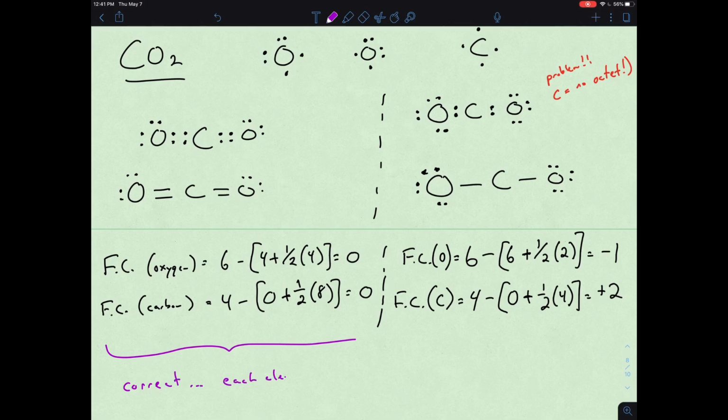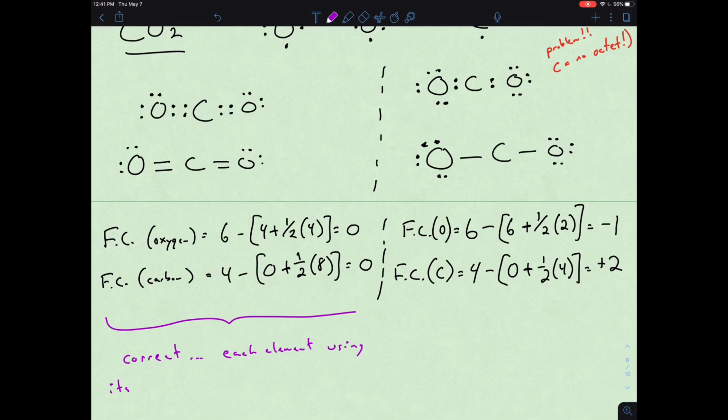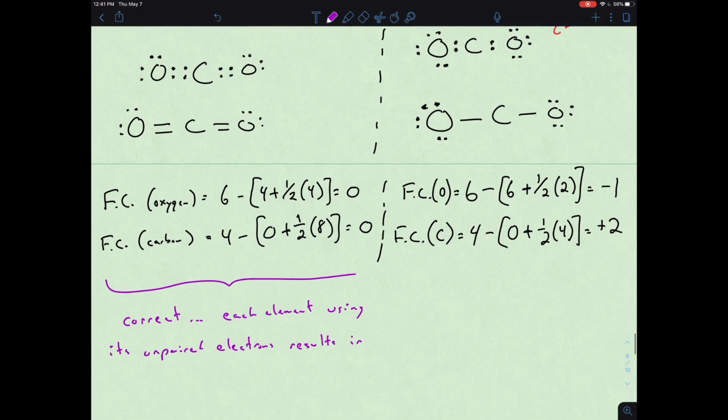Each element using its lone pair, using its unpaired valence electrons, results in basically a neutral molecule where all elements have a neutral formal charge.